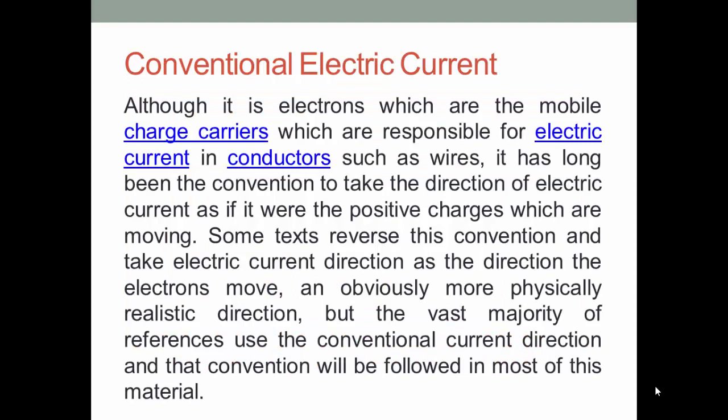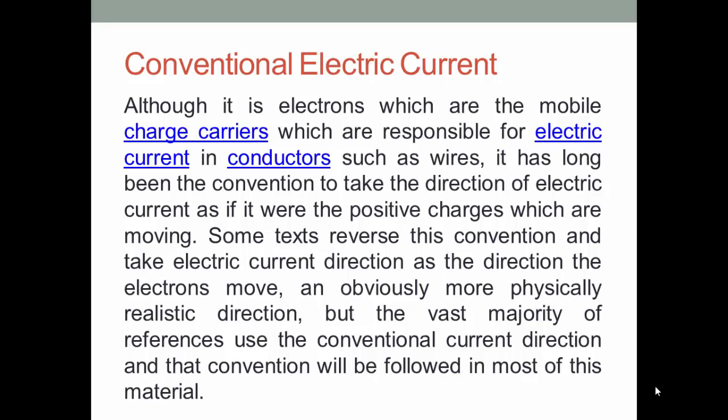Now we explain the conventional electric current. Although it is electrons which are the mobile charge carriers responsible for electric current in conductors such as wires, it has long been the convention to take the direction of electric current as if it were the positive charges which are moving.